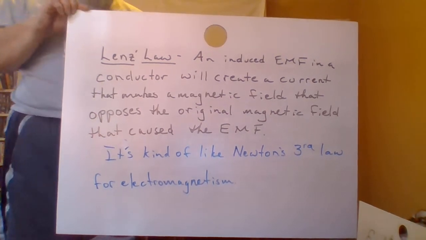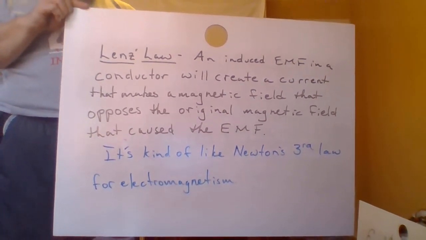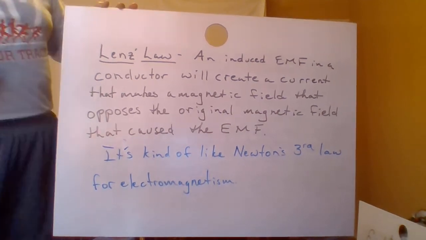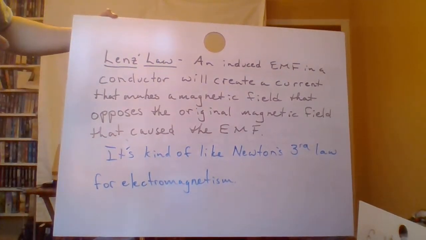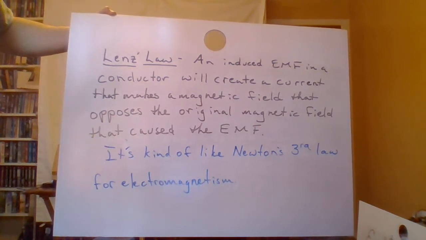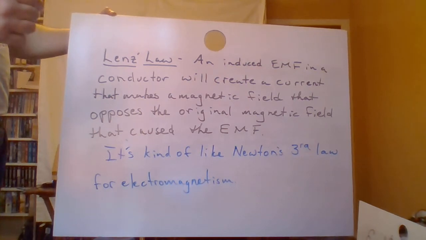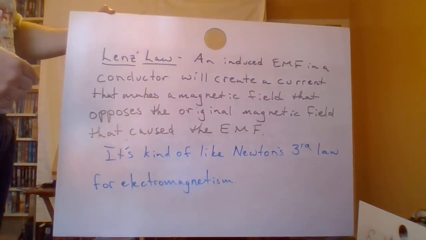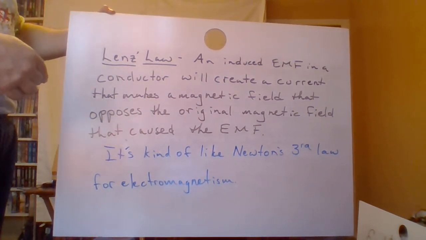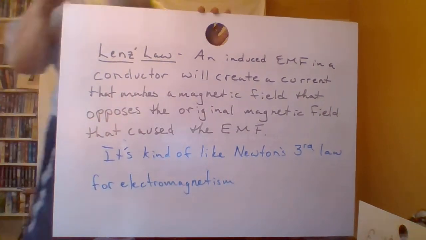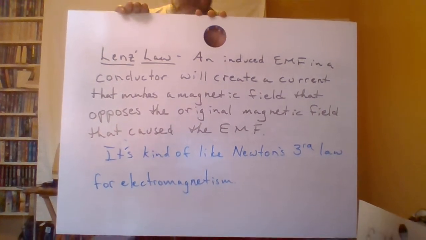Lenz's law is kind of like Newton's third law for electromagnetism. Lenz's law: an induced EMF in a conductor will create a current that makes a magnetic field that opposes the original magnetic field that caused the EMF in the first place. In other words, you don't get something for nothing.